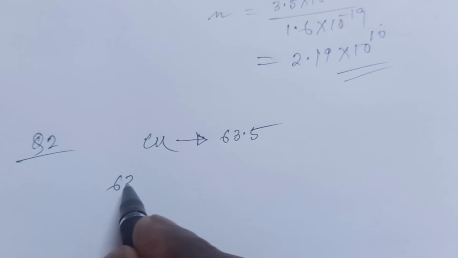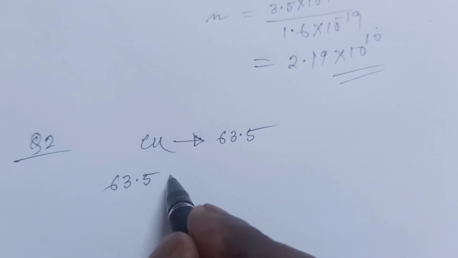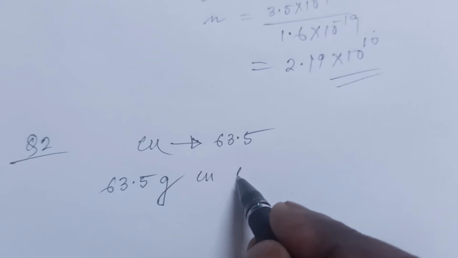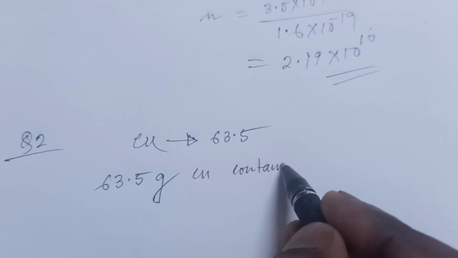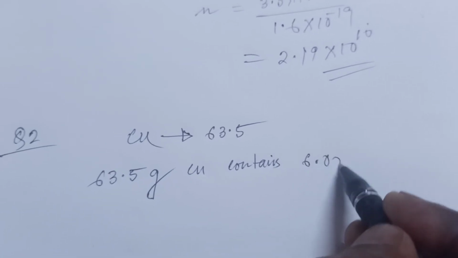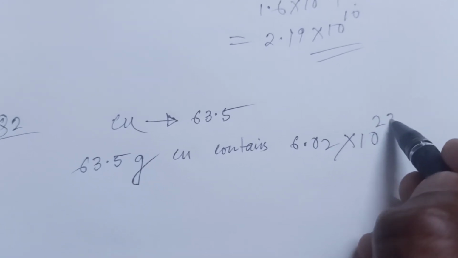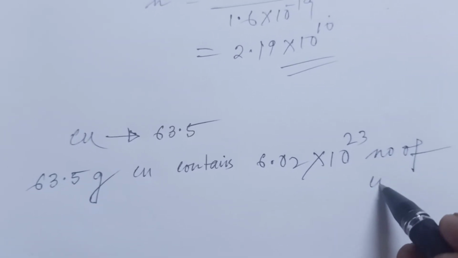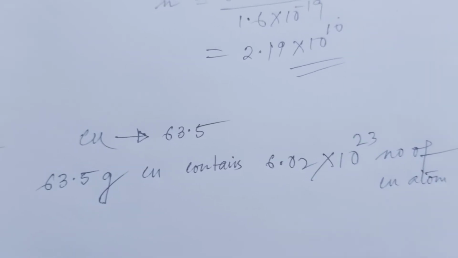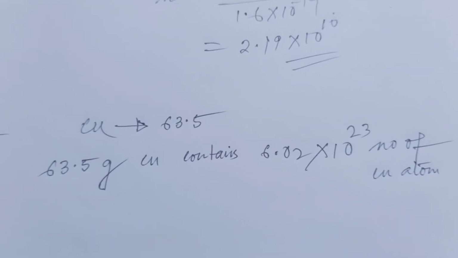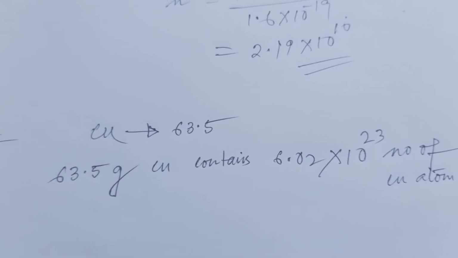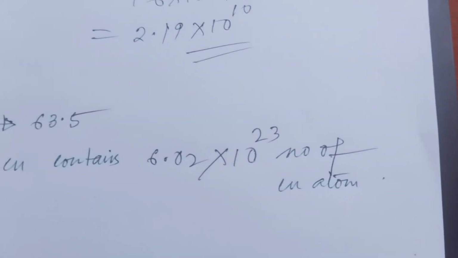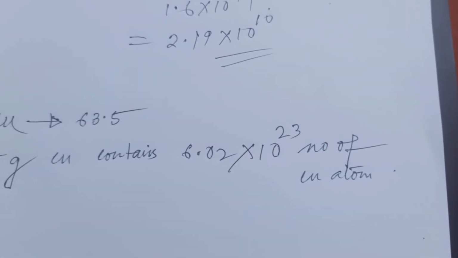So we can write 63.5 gram copper contains 6.02 into 10 to the power 23 number of copper atoms. Okay, so 63.5, since this is the atomic weight, it contains this number of atoms.